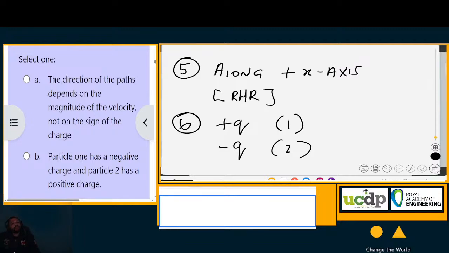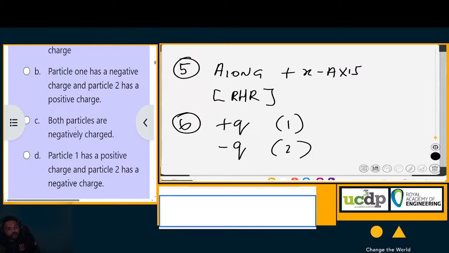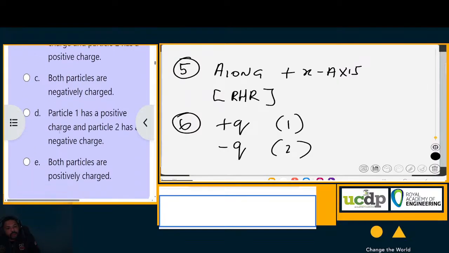They tell us that the direction of the path depends on the magnitude of the velocity. That is wrong. Particle 1 has a negative charge and particle 2 has a positive charge. That is wrong. Both particles are not negatively charged. D, particle 1 has a positive charge and particle 2 has a negative charge.